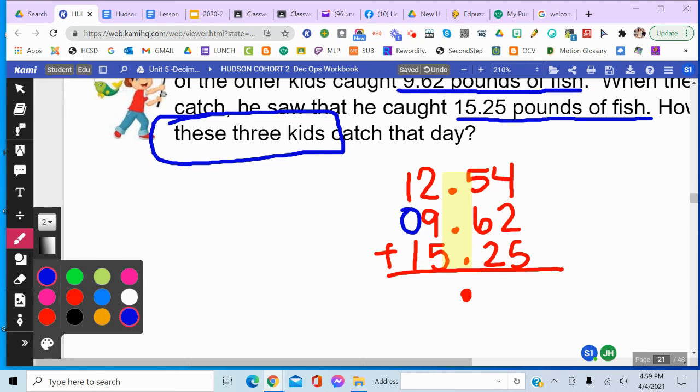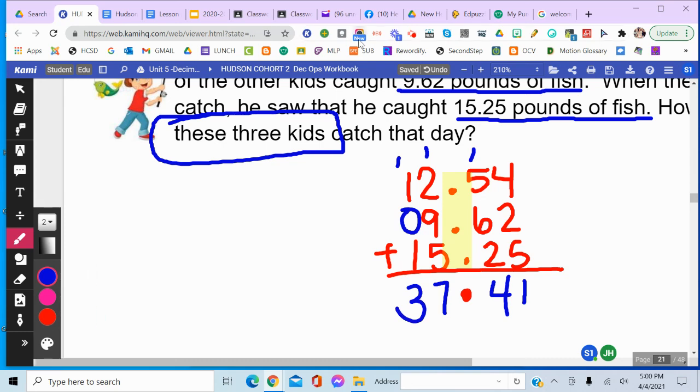So 4 plus 2 is 6, plus 5 is 11. So I put the 1, and then I carry that 10 over. 5 plus 1 is 6, plus 6 is 12, plus 2 is 14. So I drop the 4, again, carry the 10 over. 1 plus 2 is 3, plus 9 is 12, plus 5 is 17. Drop the 7, carry over the 10, and then 1, 2, 3.